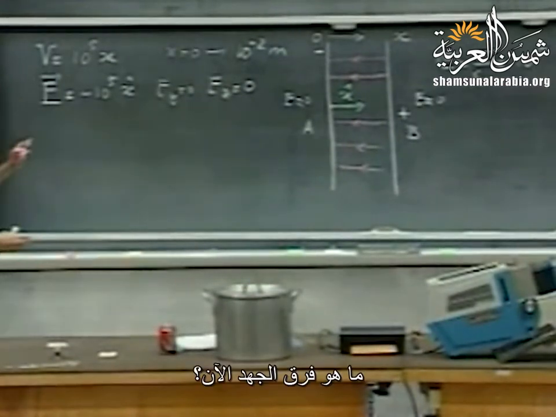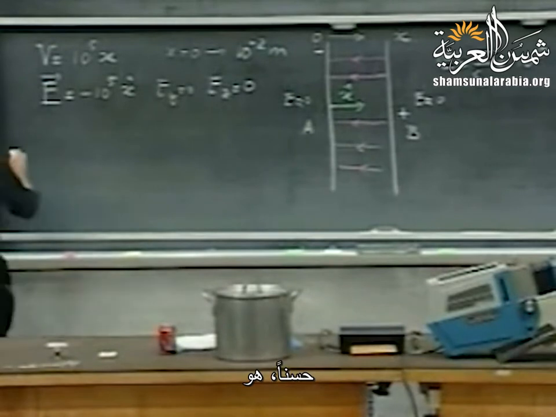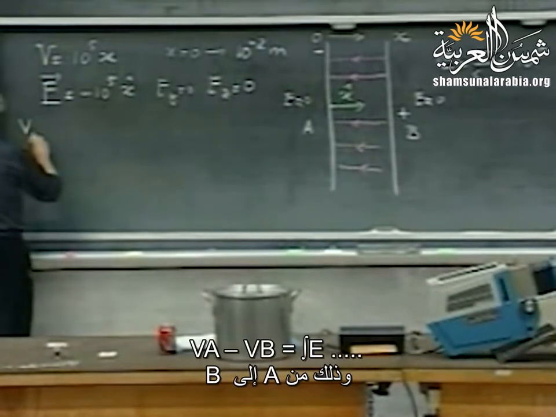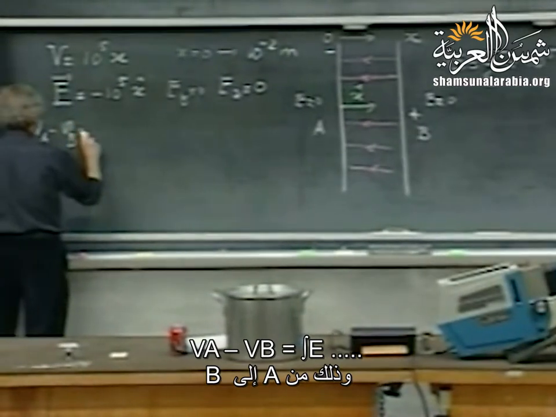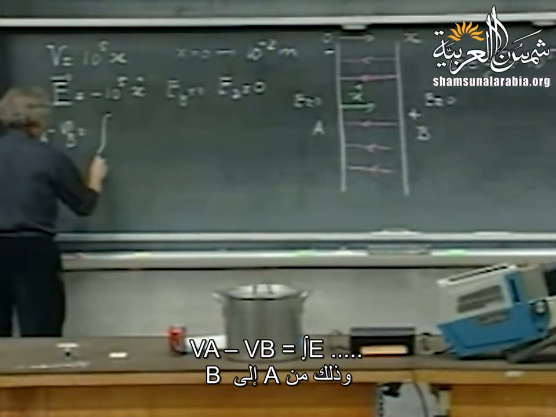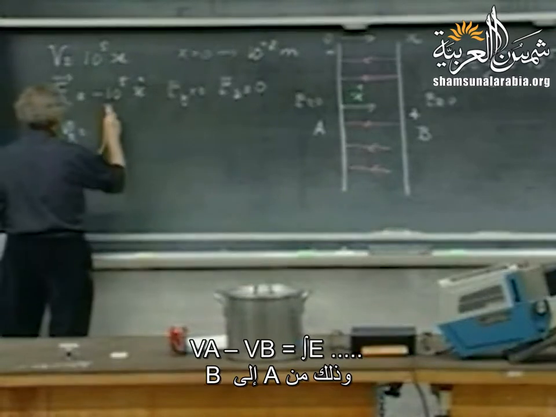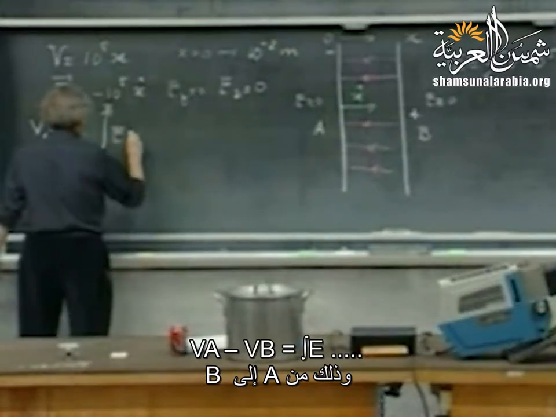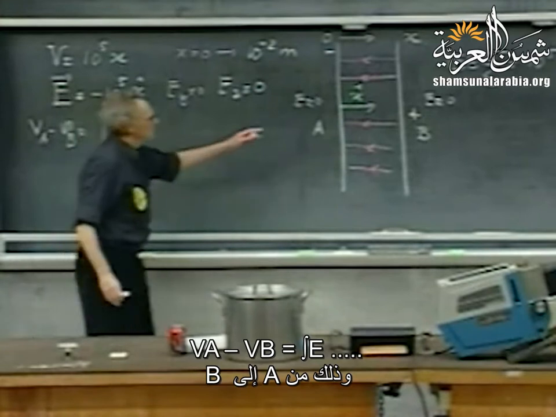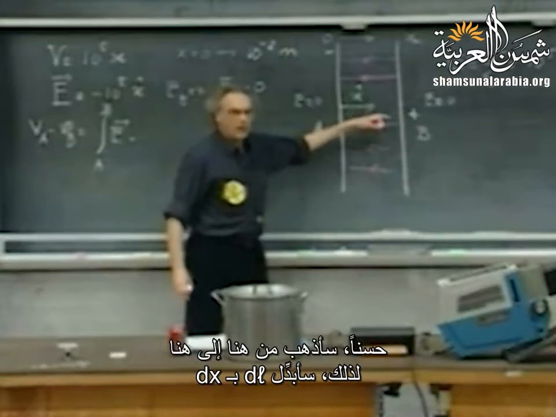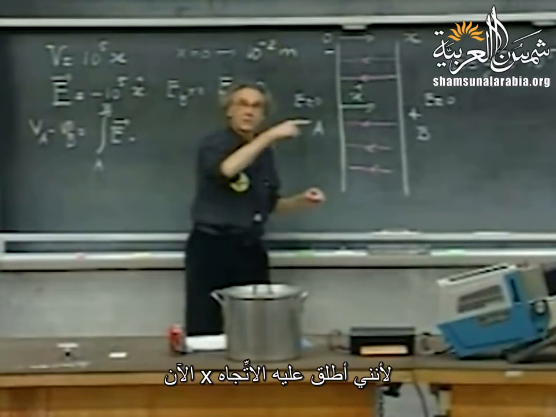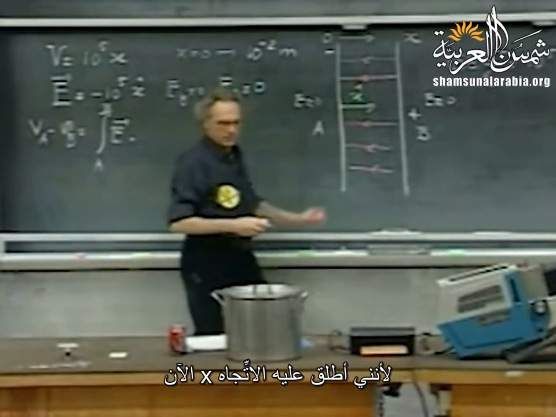What now is the potential difference? Well, VA minus VB is the integral in going from A to B of E dot dl. Well, I go from here to here, so for dl I write dx, of course, because I call that the x direction now.